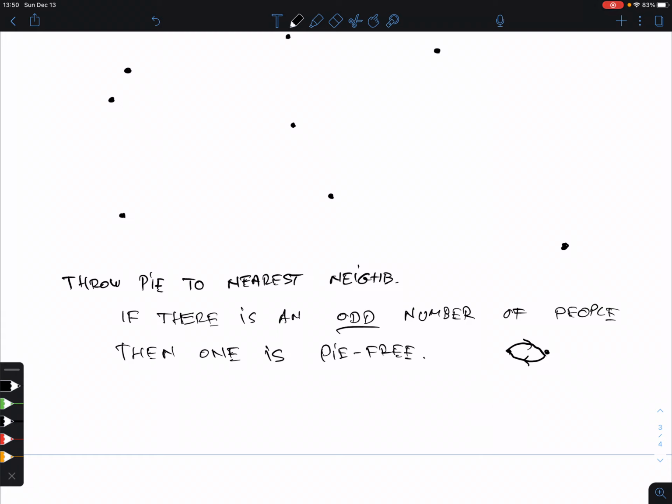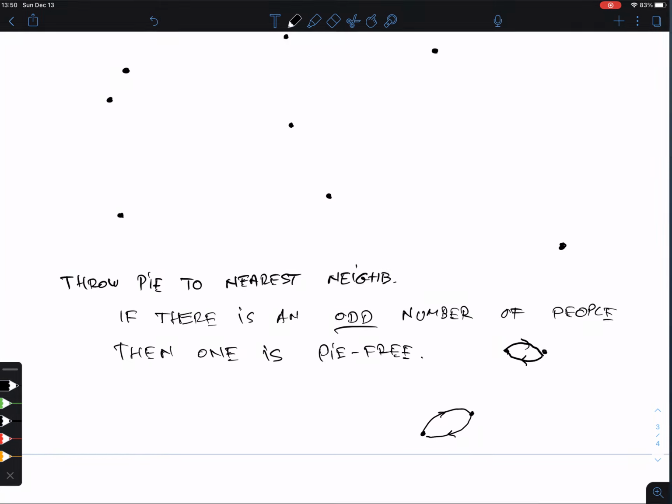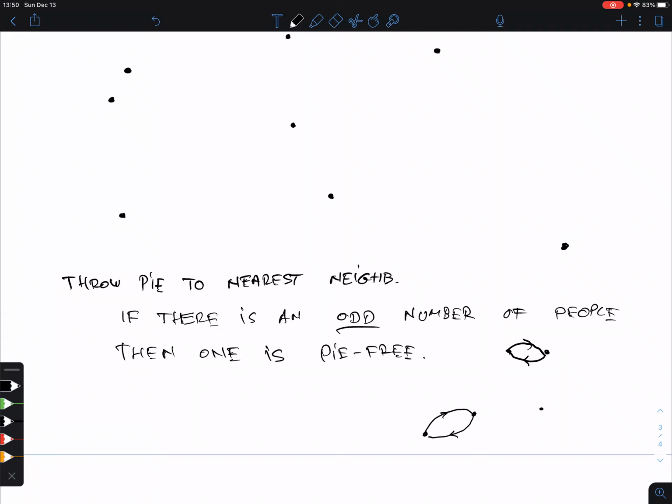Sorry, I should have drawn it perhaps this way. So no 2 are at the same distance. Or let me put it even so, in case you might still think, oh, but that's the same distance. So I hope this will convince you now. Here, all distances between any two people are different, but still, the nearest neighbor for this guy is this one, and the nearest neighbor for this guy is that guy. So they throw at each other. Now, you see, if there were a fifth person, he would throw at somebody else. So there you can see what the difference between odd and even already plays.